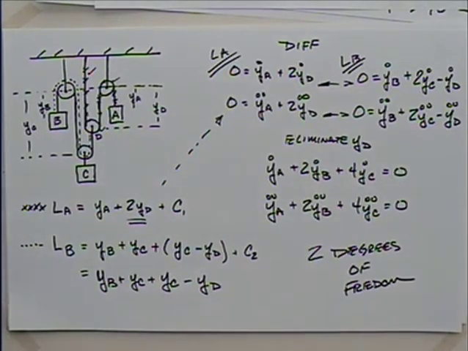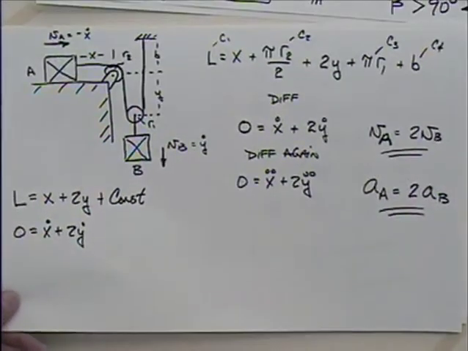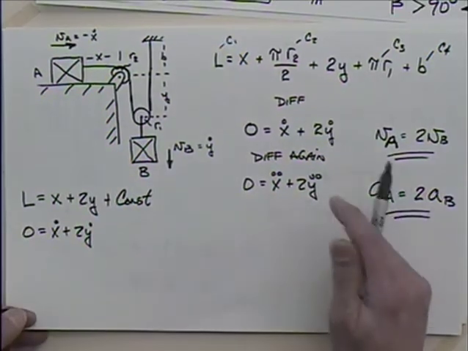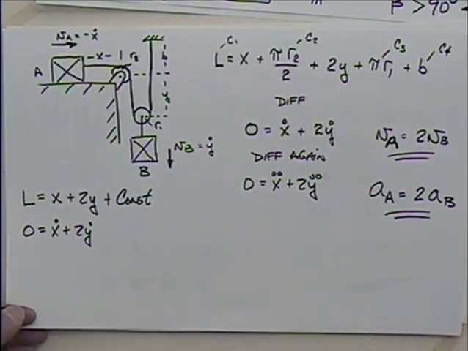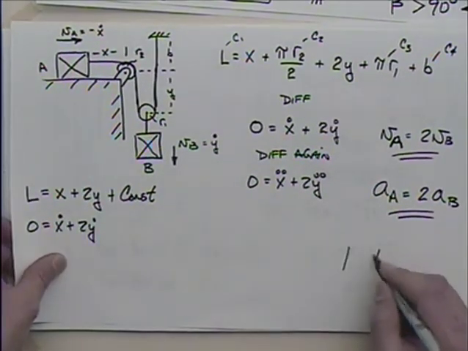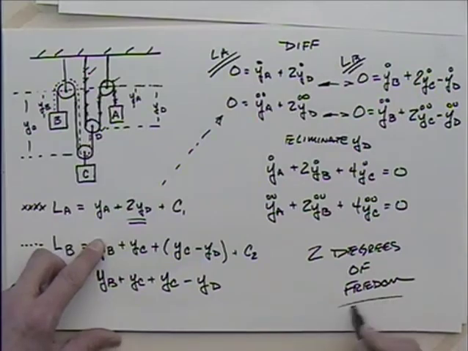It has 2 cables, so it should not surprise us that it has 2 degrees of freedom. The previous problem that we did had one cable, so it has 1 degree of freedom. If you give me VA, I can predict VB, or if you give me VB, I can predict VA, right? So we'd have 1 degree of freedom here, 2 degrees of freedom here.